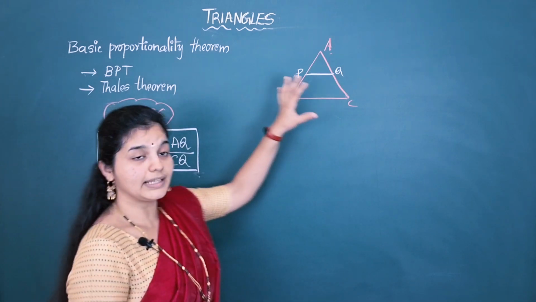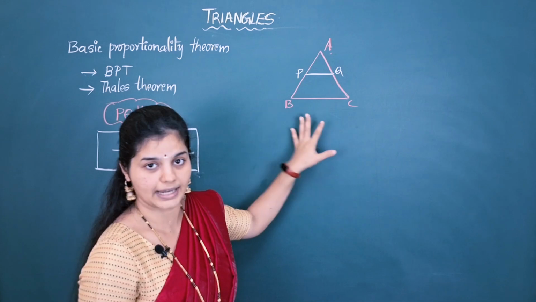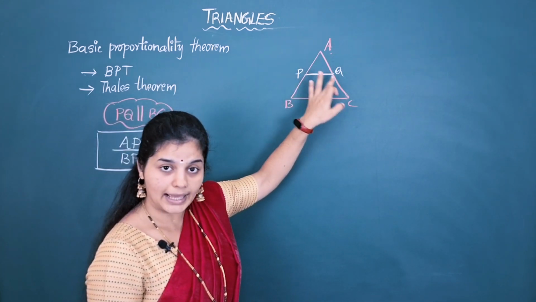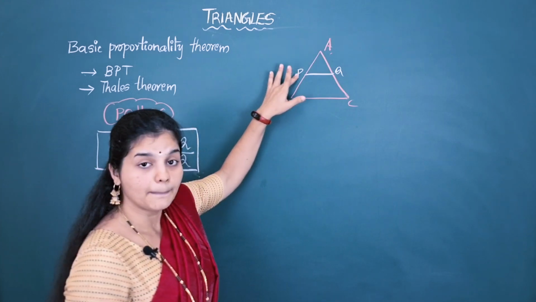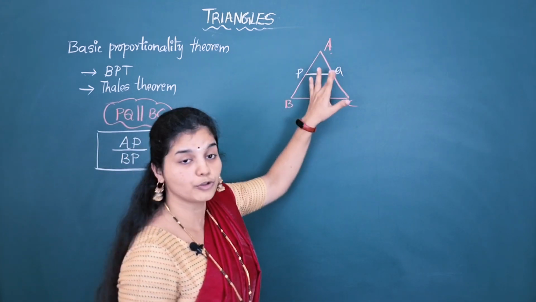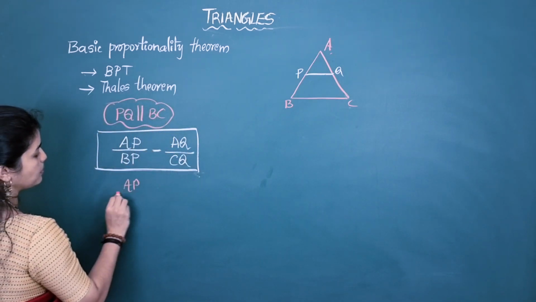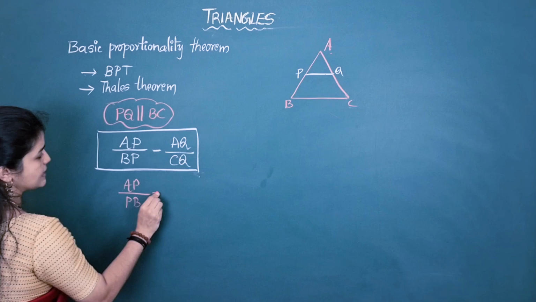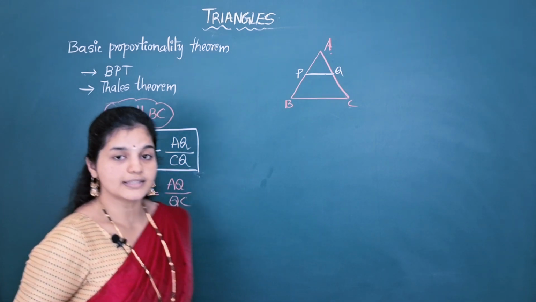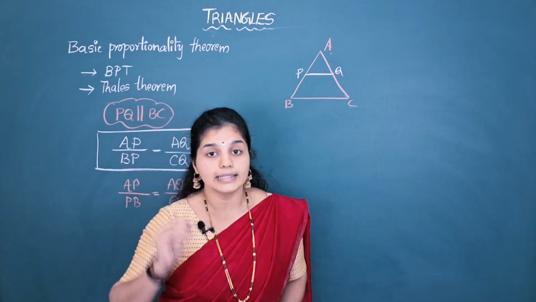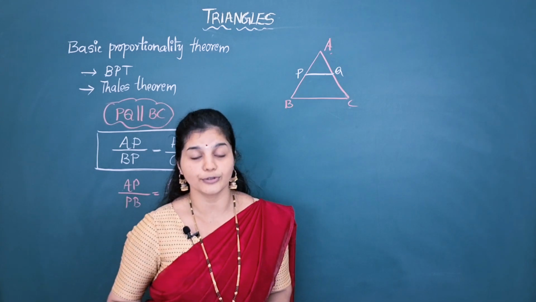For any given triangle, if there is a line that is parallel to any one of its sides, then that parallel line divides the other two sides in the same ratio. AP by PB is equal to AQ divided by QC. This Thales theorem is very very important. Its derivation, that is proof, is also important.